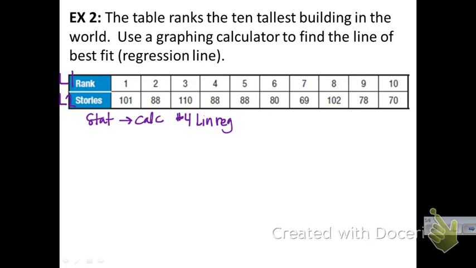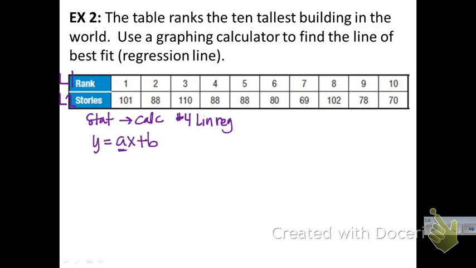Your home screen then will tell you a bunch of different numbers. On our last assignment, we were looking for R in this window. R told us about the correlation, and R here is negative 0.607. But we won't be looking for the correlation coefficient today. We're just looking for the equation. If you notice in that window, it'll say y equals ax plus b.